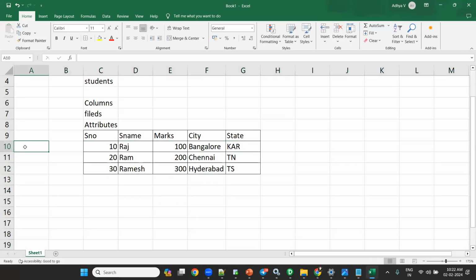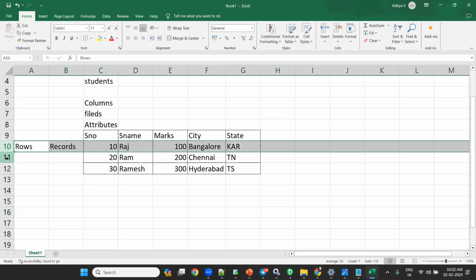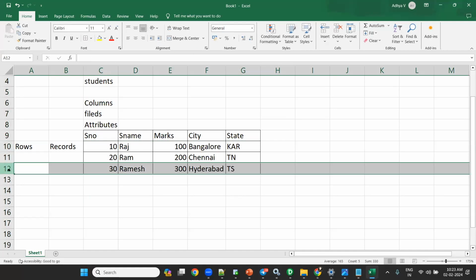These are called rows or records. The vertical things are called columns or fields or attributes, any name. The horizontal ones are called rows or records. Understood?